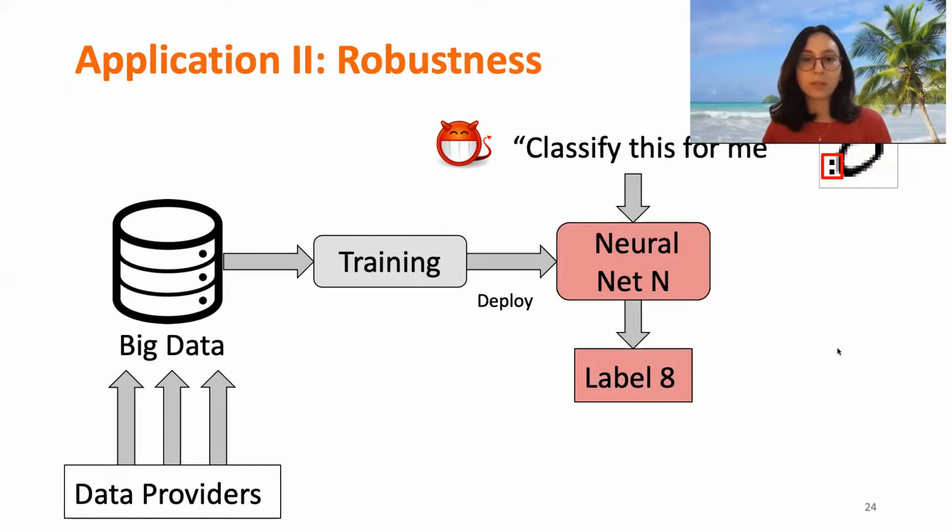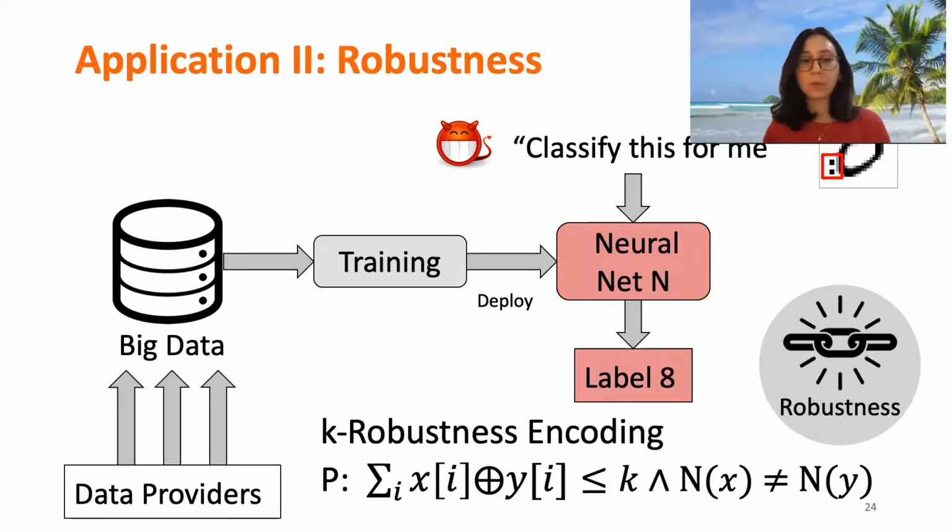Here the imperceptible change is a 2-pixel change, and the neural network misclassified from 0 to 8. The way to encode this is to make sure that the number of bits that we changed is under k, and the output of the classifier changes.